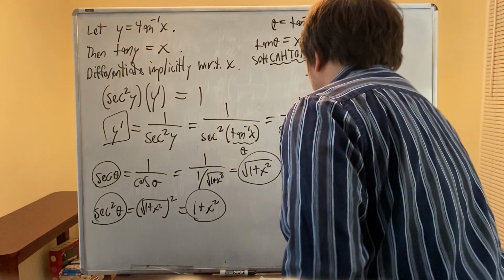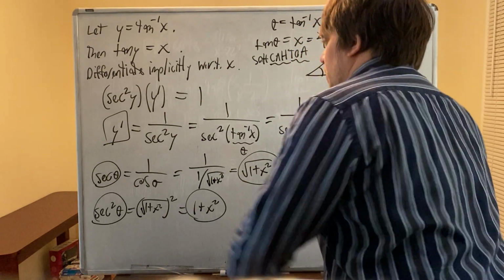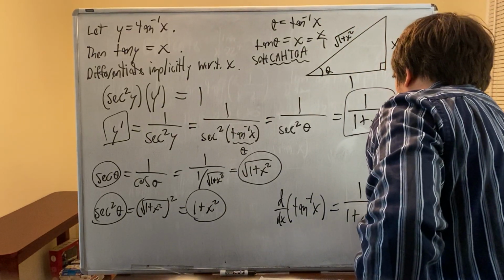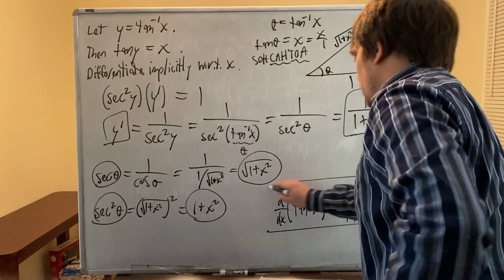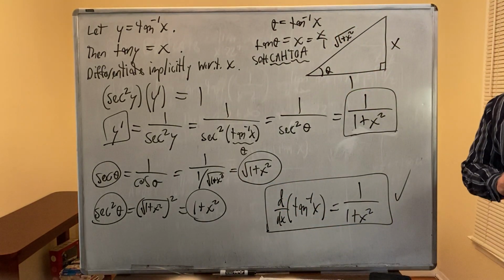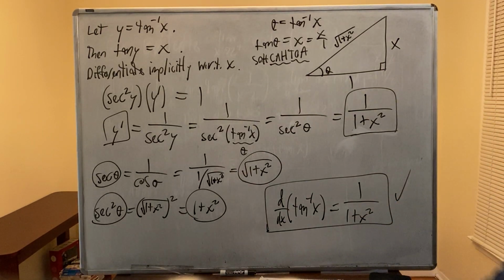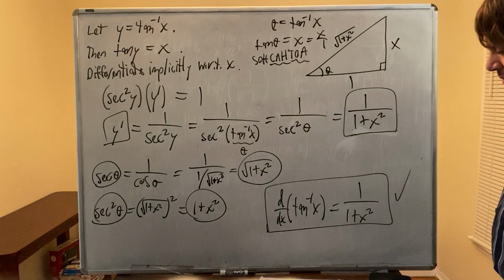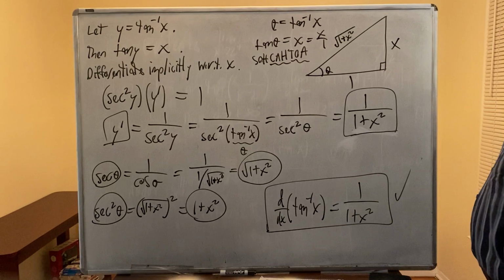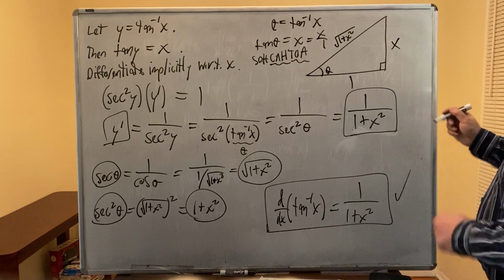Our conclusion is that d dx of tan inverse of x is equal to 1 over 1 plus x squared. You should definitely know this formula. When you talk about derivatives of inverse trig functions, this is an important one to know. d dx of tan inverse x is equal to 1 over 1 plus x squared. We derived that right here. We proved that this equation is in fact true, and the proof ends right there.